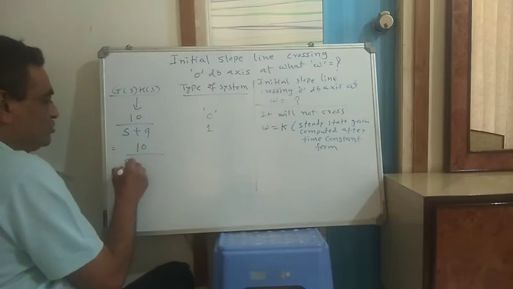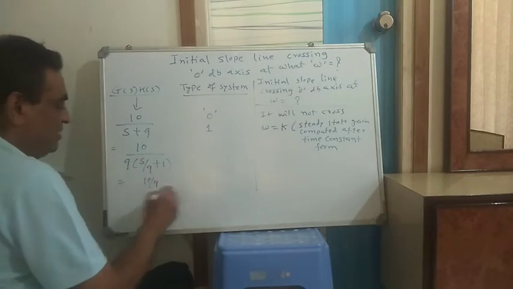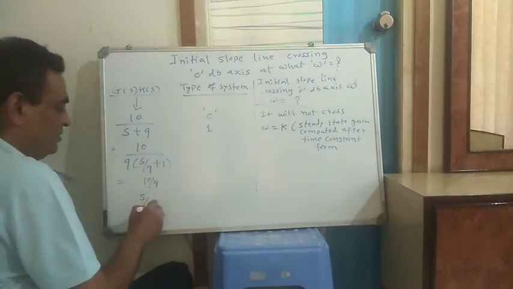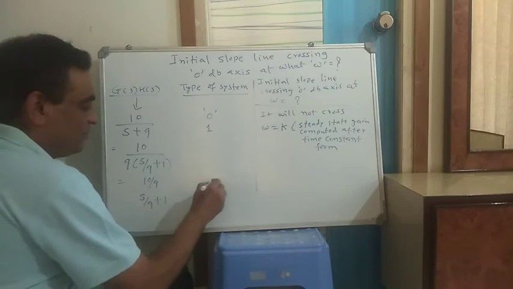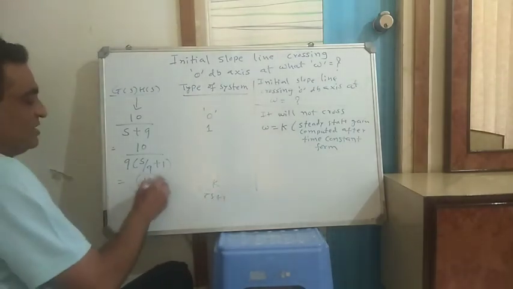10 upon 9 is common. So S by 9 plus 1. So this is 10 by 9 divided by S by 9 plus 1. So this is in the form of K upon tau S plus 1. So what is K? K is 10 by 9.